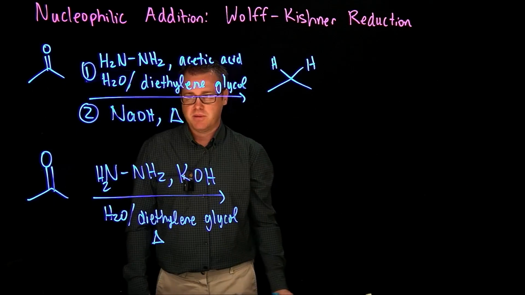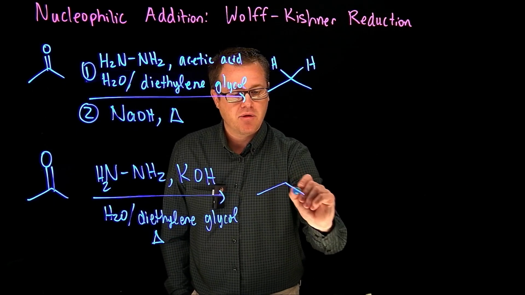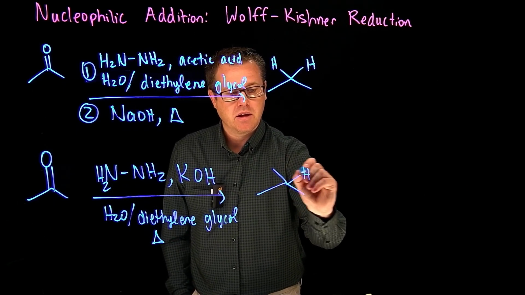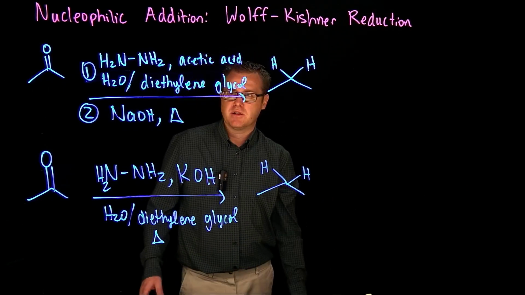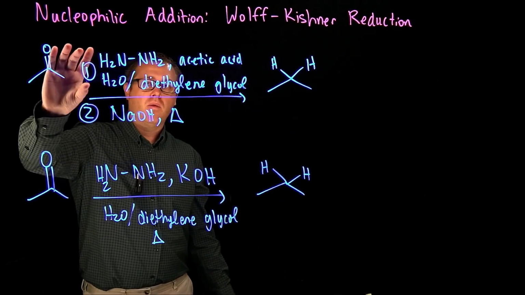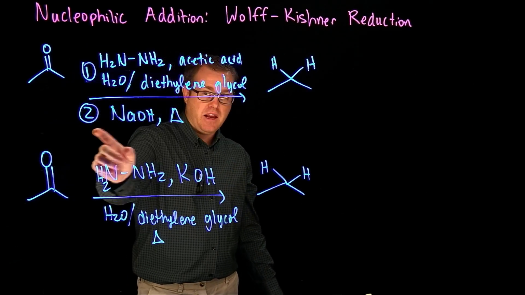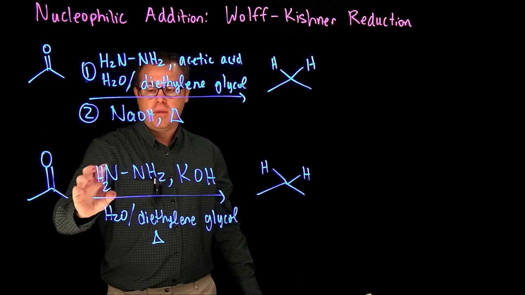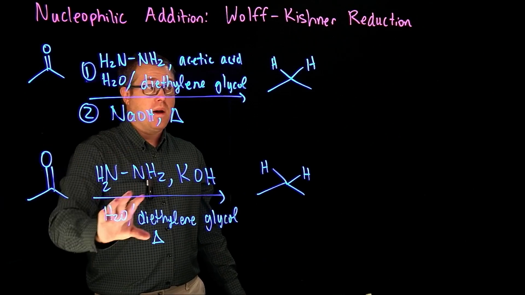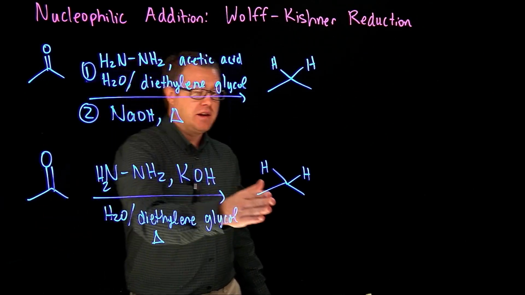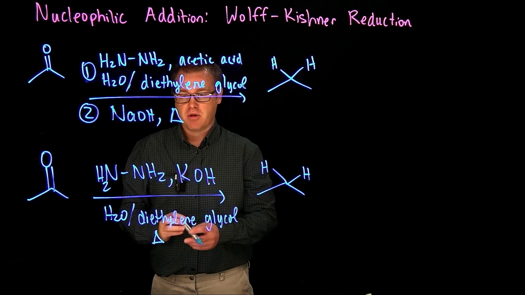Now, do you see the difference between this one? You're going to get the same product, like so, but the conditions are slightly different. Up here, we're doing it in 2 steps, in acidic conditions, and then you add it to the base. But here, it's just 1 pot, and you get the same product here.